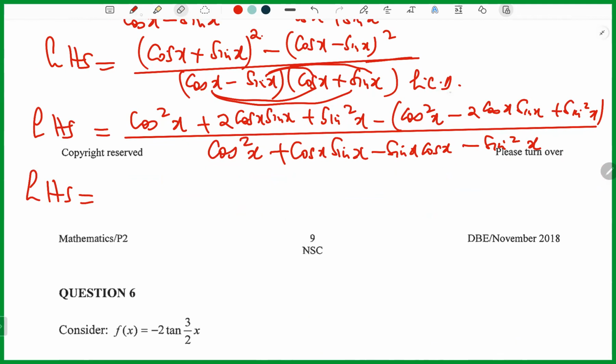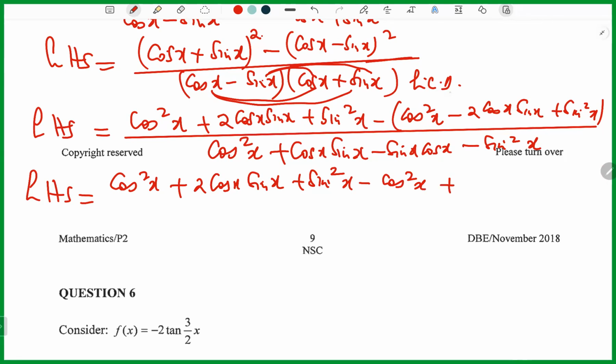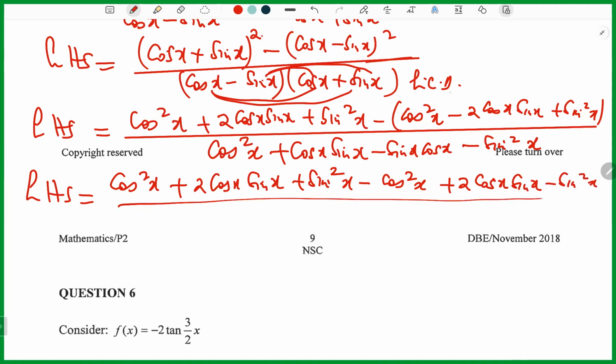Expanding everything, we see that the top is cosine squared x plus 2 cosine x sine x plus sine squared x minus cosine squared x plus 2 cosine x sine x, and then we subtract the sine squared x. It is all divided by the denominator.